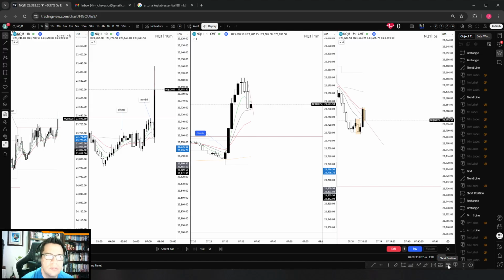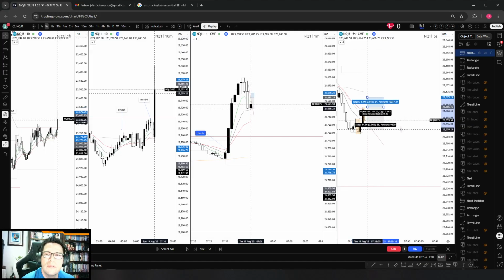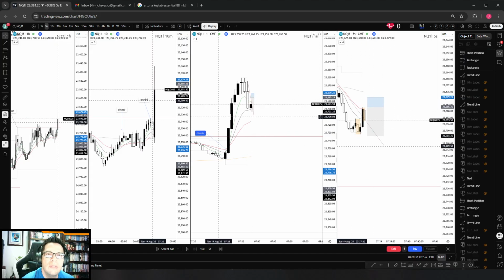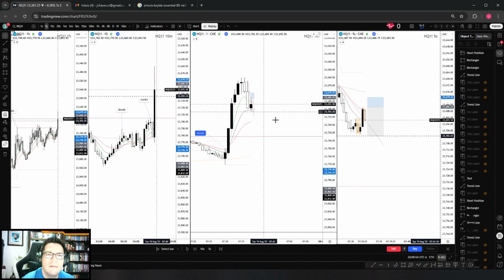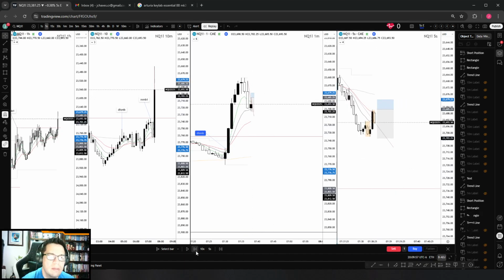So I'm just gonna prepare the entry in case we get that. Let's see the stop loss that we would be using. So the stop loss would be protecting us here, so basically the whole double MB. So this is okay. So let's see if there's some sort of tap in.